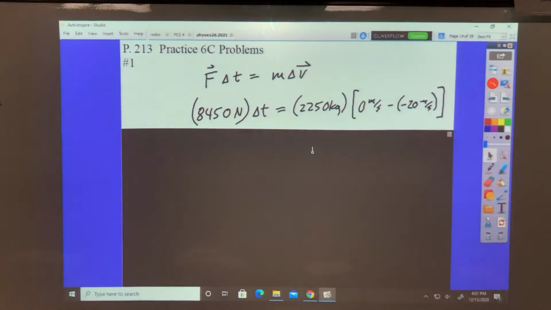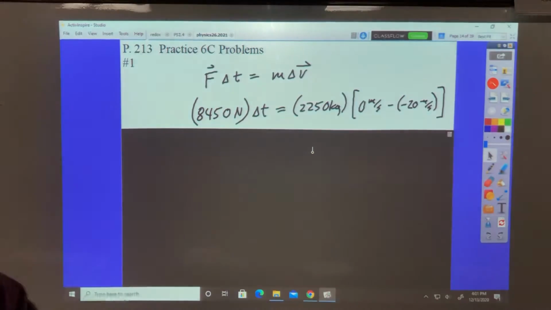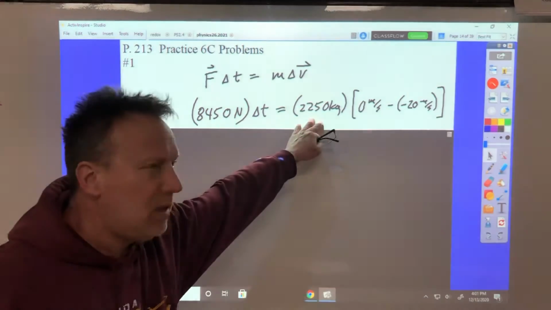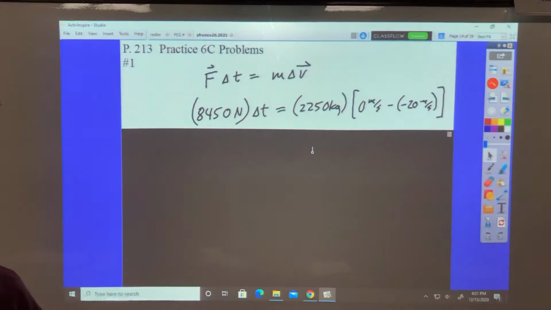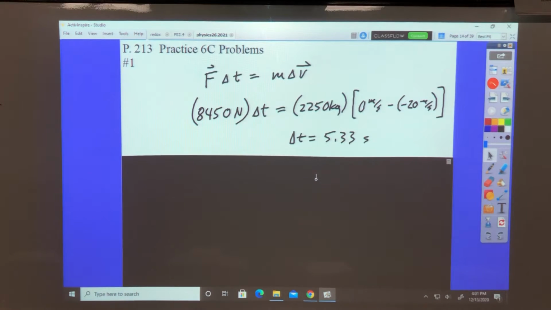If you've got this amount of force, it'll stop the car in some amount of time if it's got this much mass. If it has more mass, it takes longer. The time comes out to be 5.33 seconds, and that's what they mean by how long would it take.